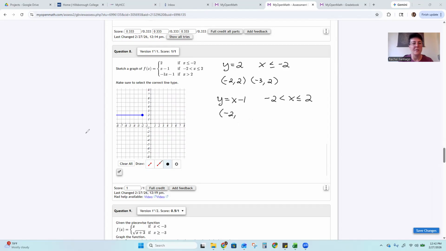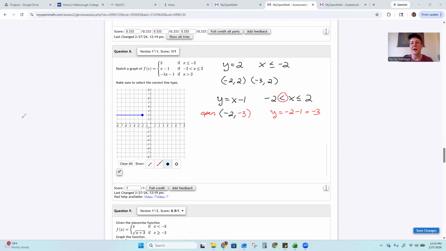So that means we have negative 2 minus 1. I'm just going to write the math here. So we have y is equal to negative 2 minus 1, which is going to give us a negative 3. So my first point is negative 2, negative 3. I do want to point out that it's an open circle at this endpoint because it's less than. So I'm going to write open just so that I can remind myself that that endpoint is an open circle.